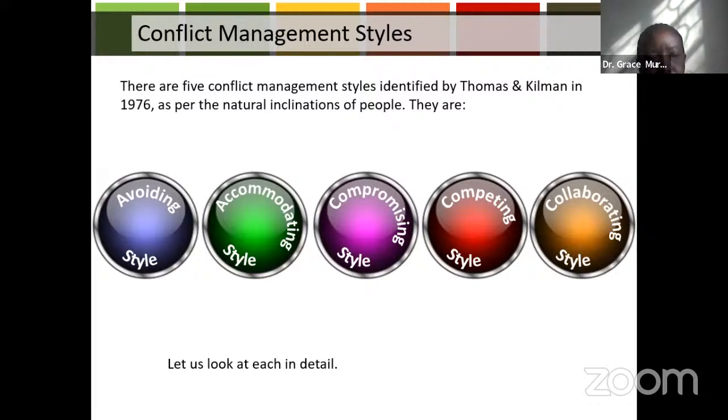Some people will just avoid, for whatever reason. For others, maybe it could be fear. Like there was this question that kept coming up yesterday on a junior and the boss. We were asking how the junior approaches the boss, particularly if the boss is not the kind of boss who entertains disagreements.